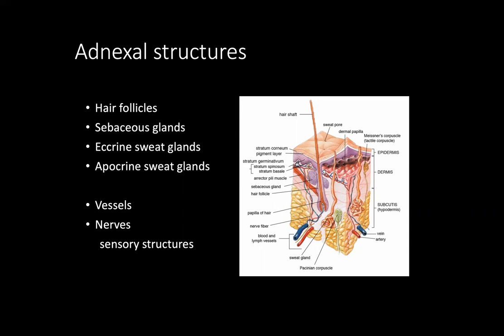But in those areas where you don't have eccrine sweat glands, you might have apocrine sweat glands. Things like areas of the axilla, where you're producing these specialized secretions. You could have apocrine glands in the axilla as well as in the genital area.